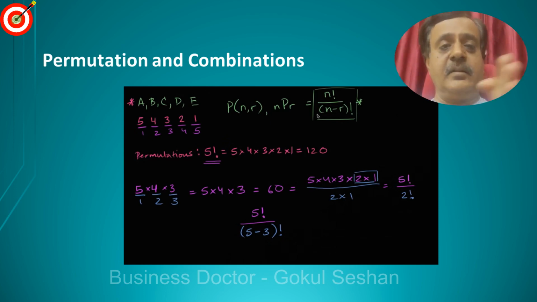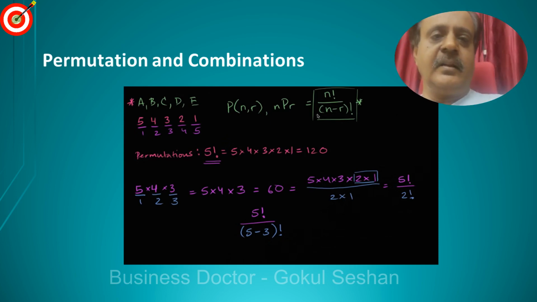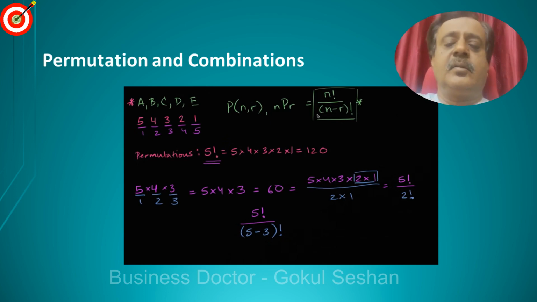So in this example, in the first chair you will have 5 persons, in the second chair you will have 4 persons, and in the third chair you will have 3 persons. So 5 into 4 into 3 is 60 combinations you can set.